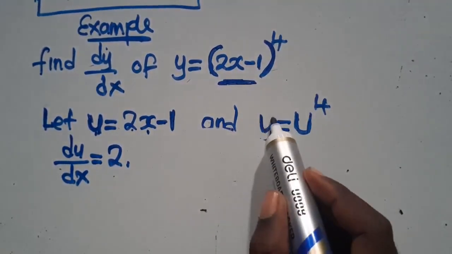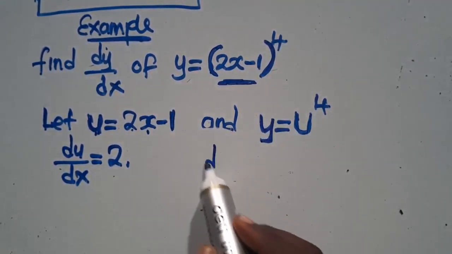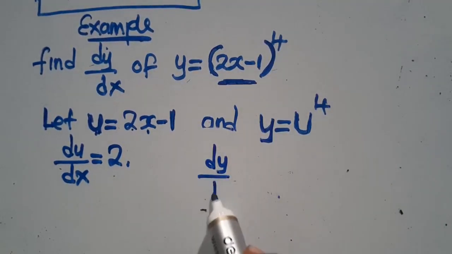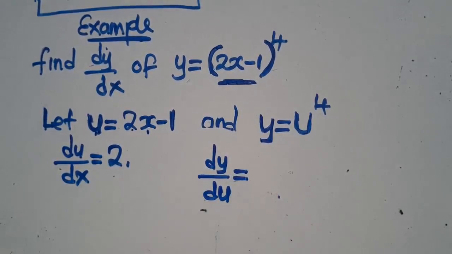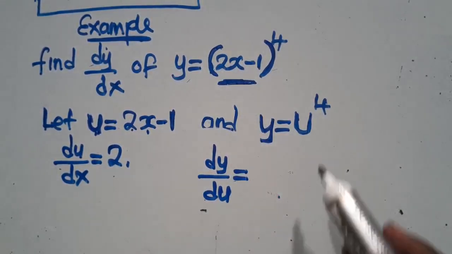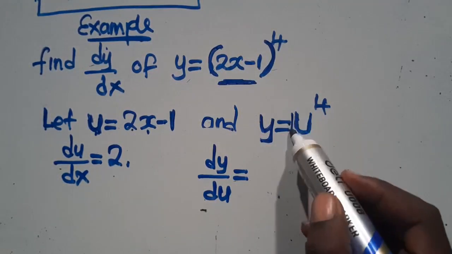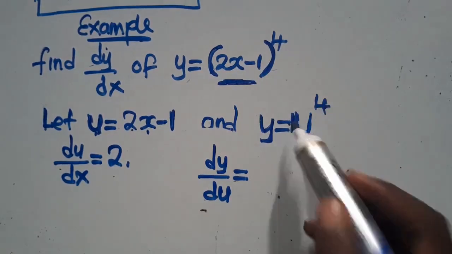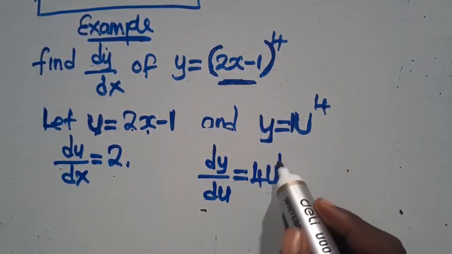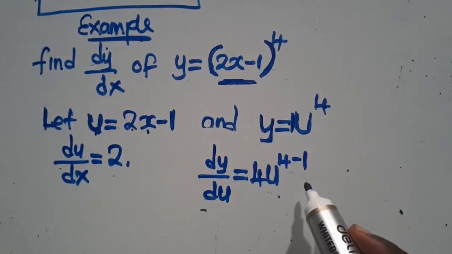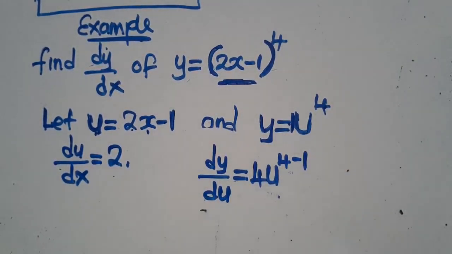How can you differentiate this? You are differentiating what? y with respect to u. So this is now equal to what? You say there is a 1 here now. 4 times 1, that is 4. u to the power 4 minus 1. You know that we always get to remove 1.